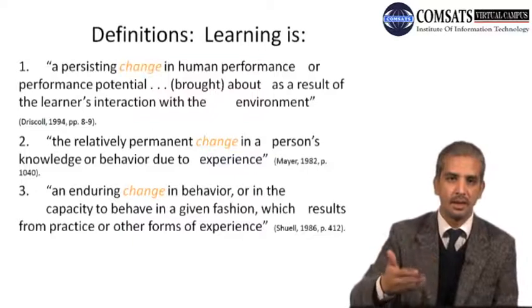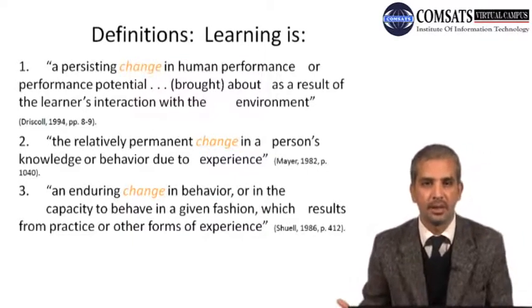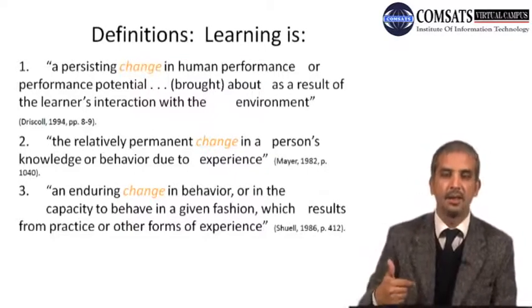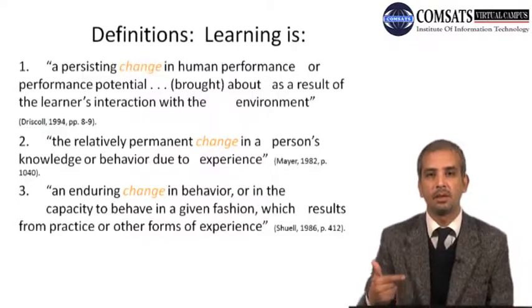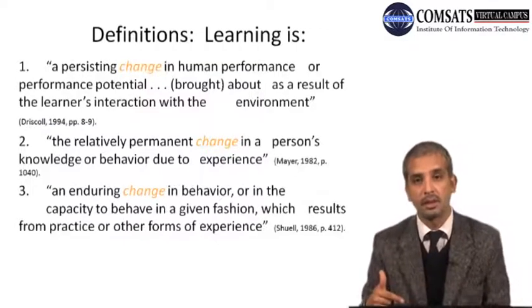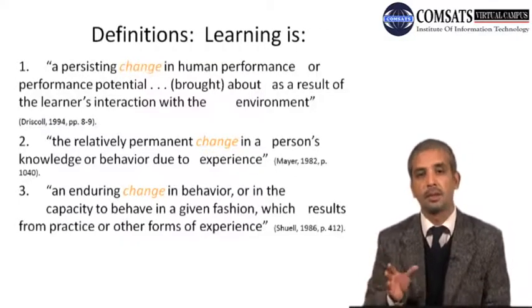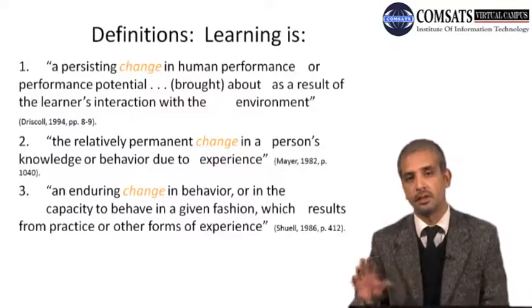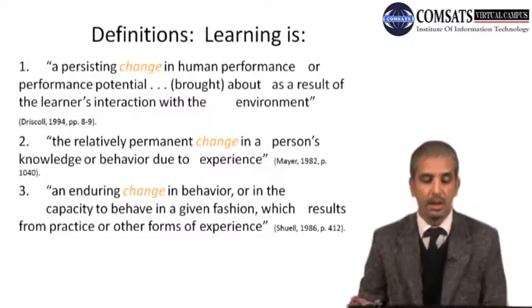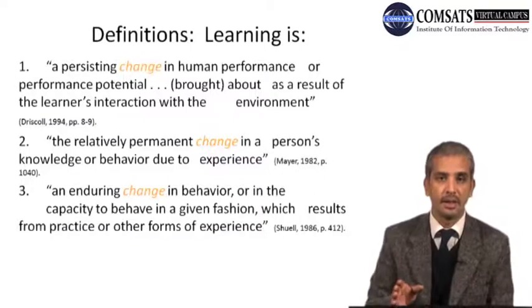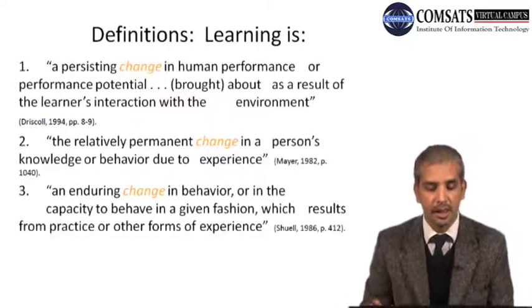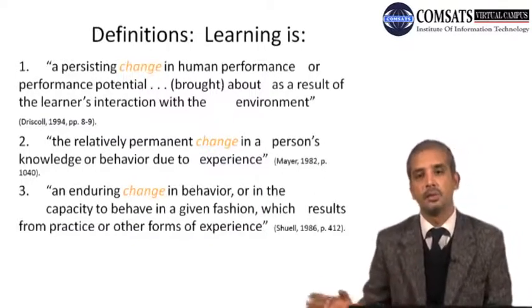So we discussed three very interesting definitions. Learning is basically a persistent change in human performance or the potential performance that has been brought upon him because of his interaction with the environment. The second definition is that it is a relatively permanent change in a person's knowledge or behavior due to his experience.